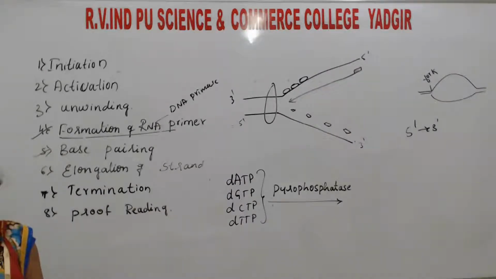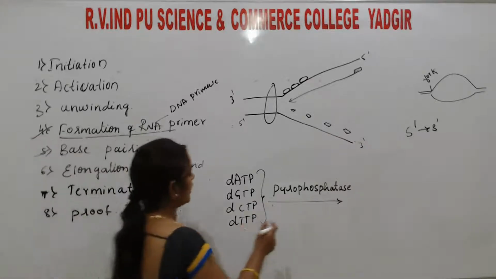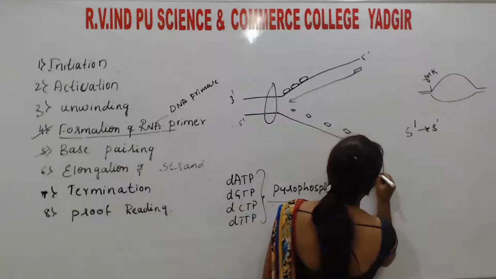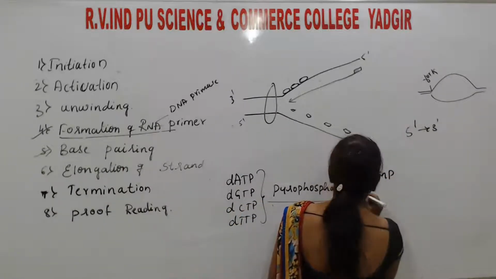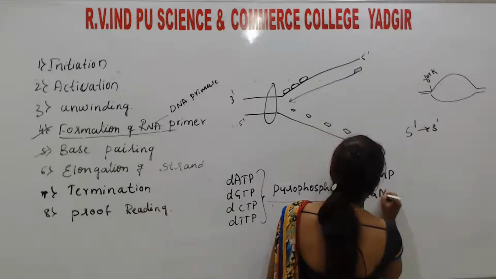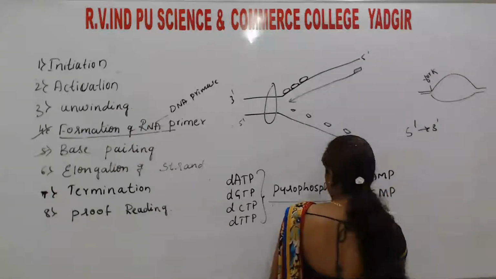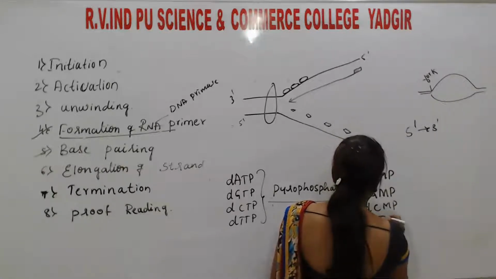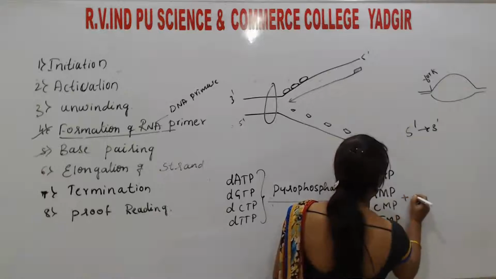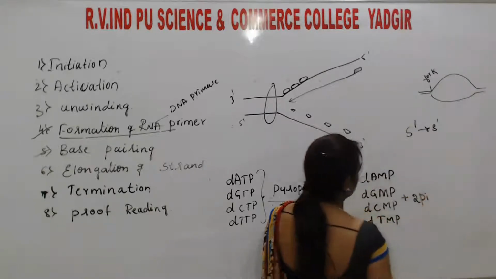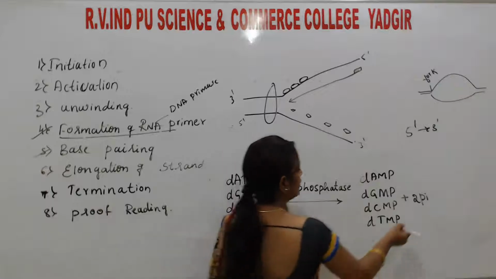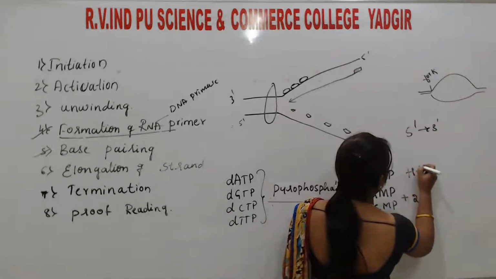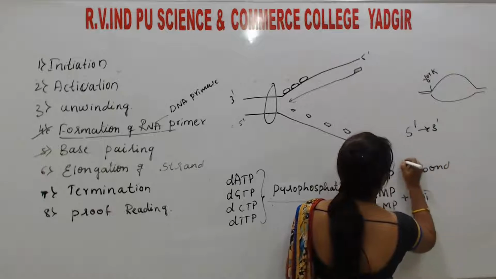They convert into monophosphate, giving dAMP plus two inorganic phosphates released. This is helpful for the breaking of the hydrogen bond.